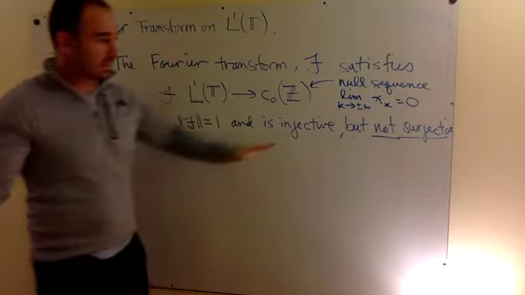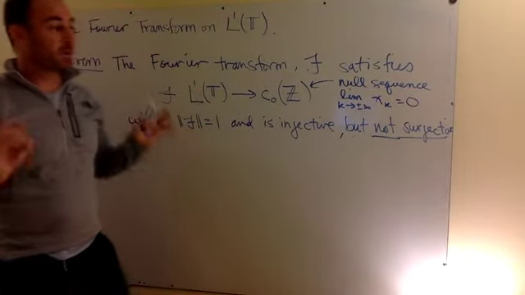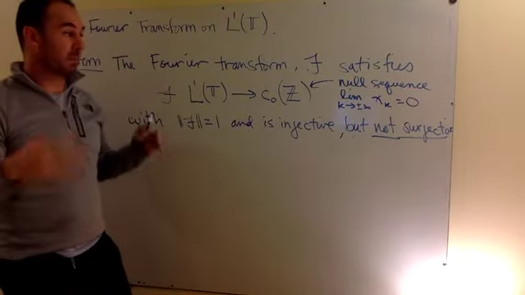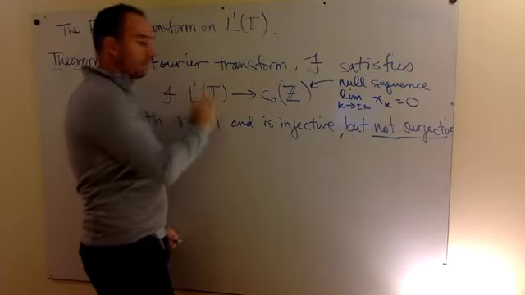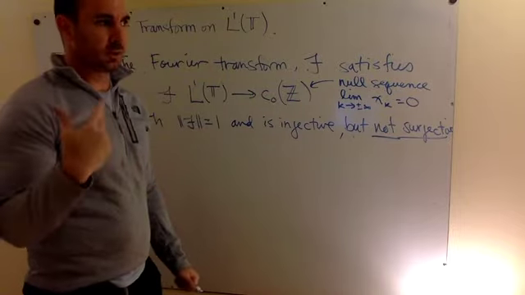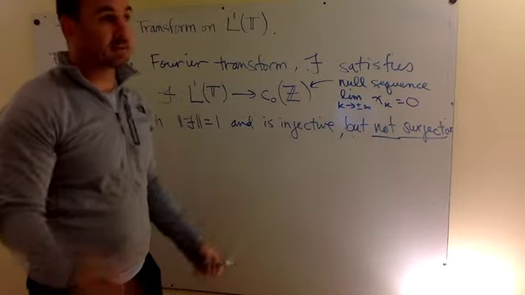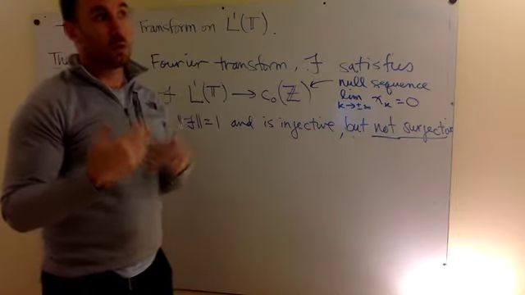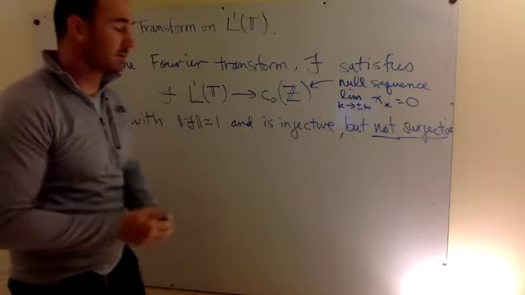Now the interesting thing here is it's not surjective, and actually this is a very, very deep problem in mathematics: what is the range of the Fourier transform on L1? In other words, how fast must it decay? Can you get something that decays like 1 over k at infinity? The answer is yes. Can you get something that decays like 1 over square root k, etc.? I don't even know the answer to that question.